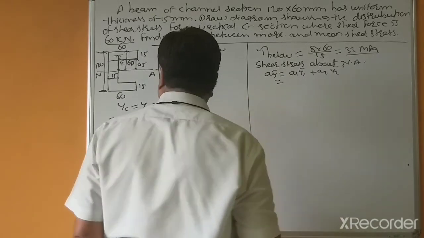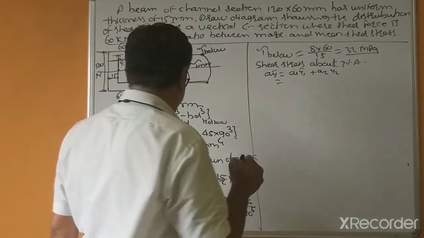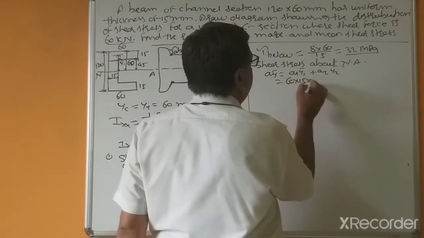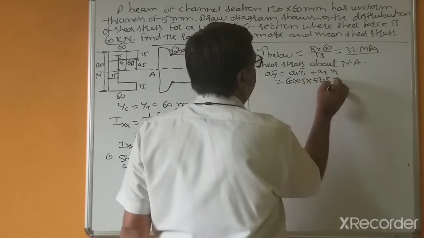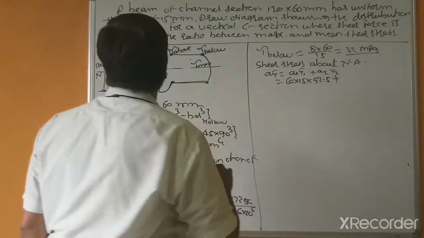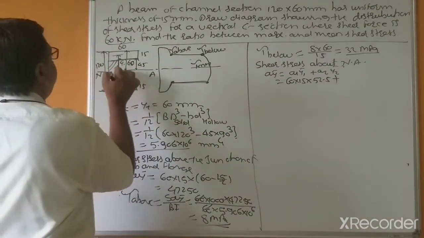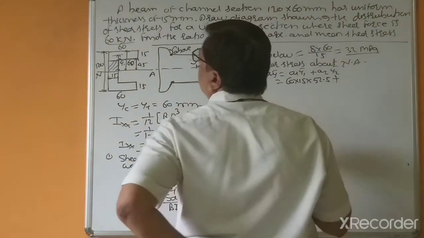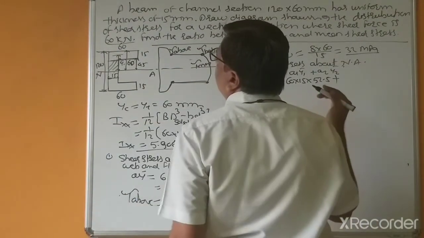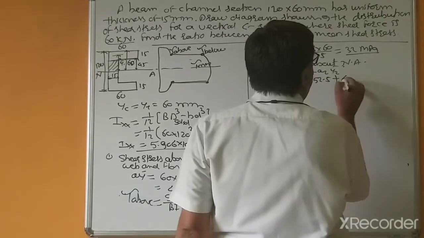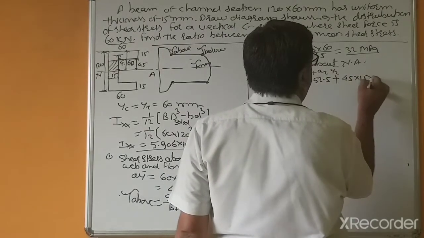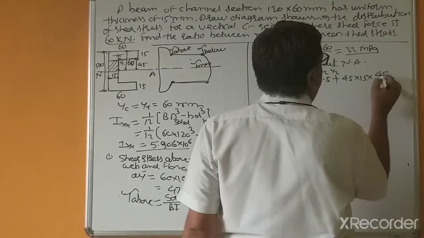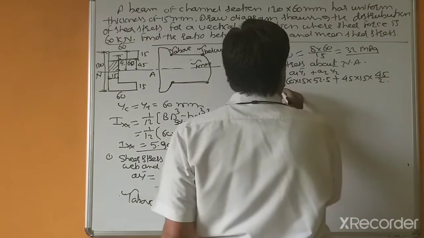So this is 60 into 15 into 52.5 plus this second area 45 into 15 multiplied by 45 divided by 2.